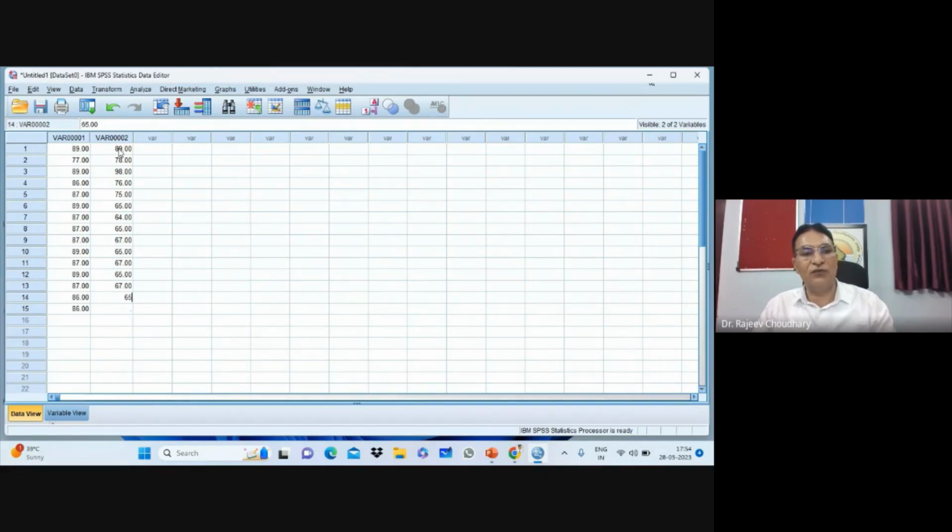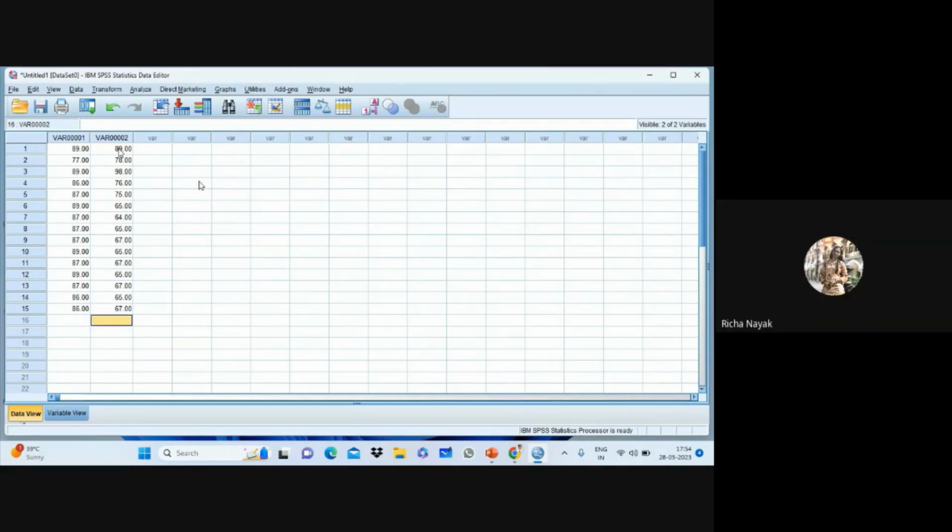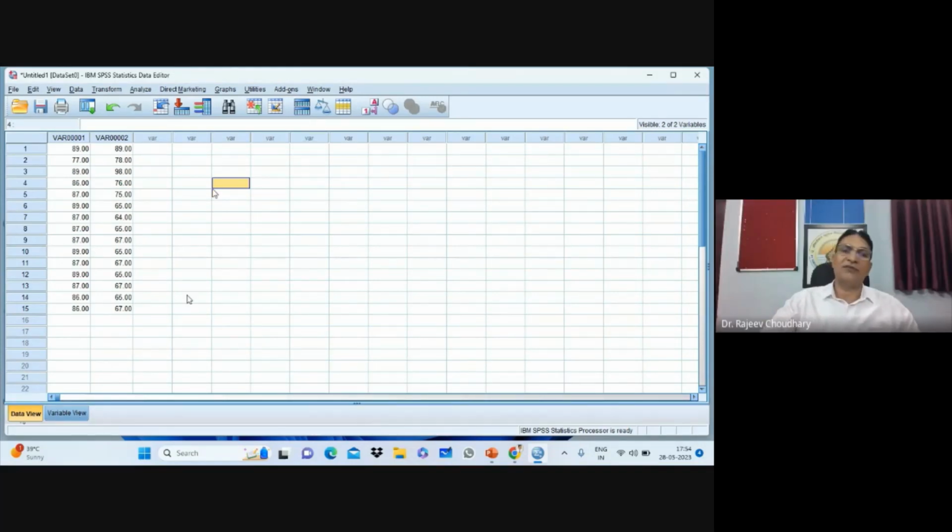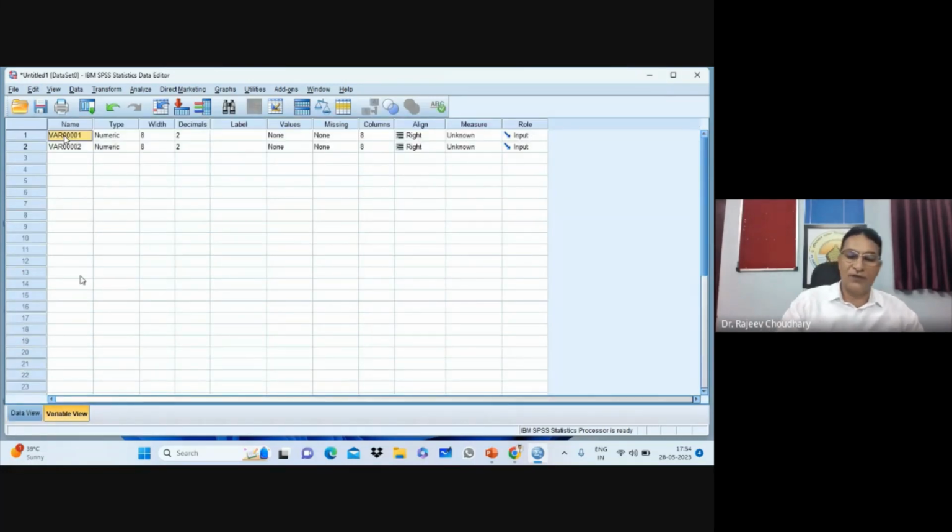Which statistical tool will be used? Sir, either dependent t-test or Wilcoxon matched pair. We will discuss both. Go to variable view. In the first column we have pre-test, and in the second column we have post-test. First, as discussed yesterday, we have to test the normality.